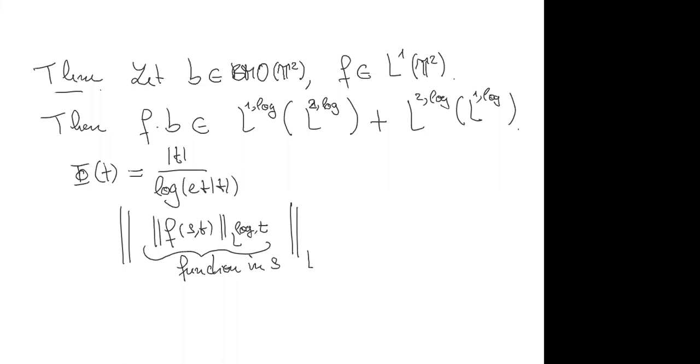And of this function in S, you then take an L log norm relative to S. And here it matters the choice of S and T. It's not immediately symmetric as it would be in LP. And then you switch around the roles of S and T, and that is this other space.